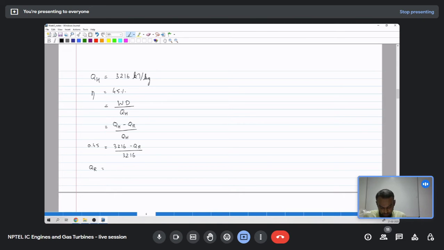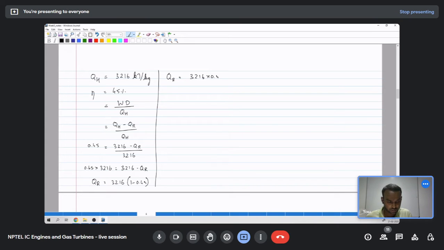I will have 0.45 times 3216 as 3216 minus QR. So QR is 3216 into 1 minus 0.45. QR will be 3216 into 0.55.